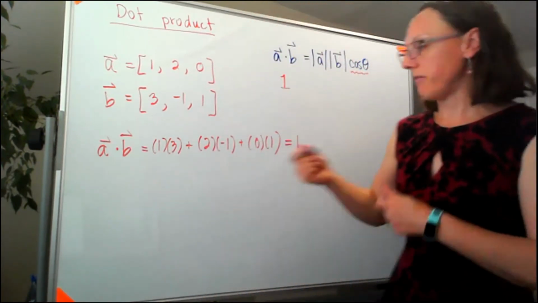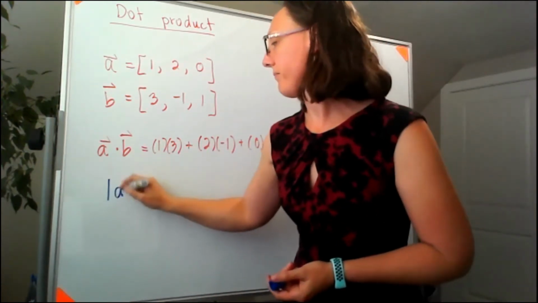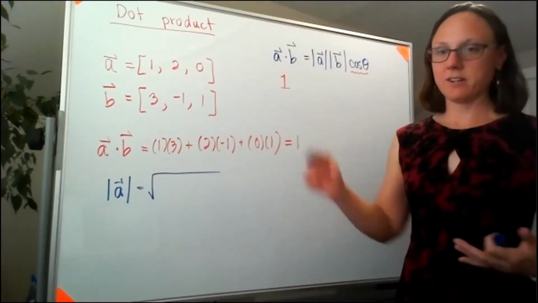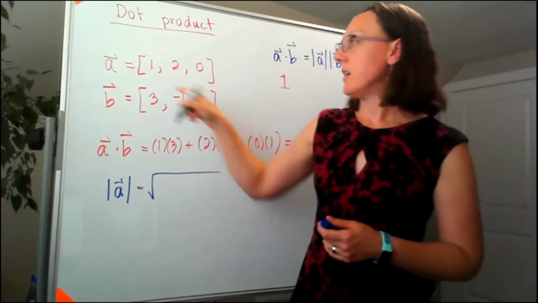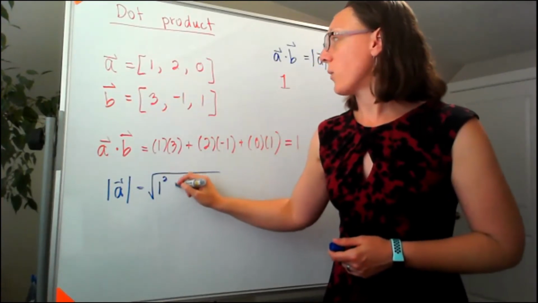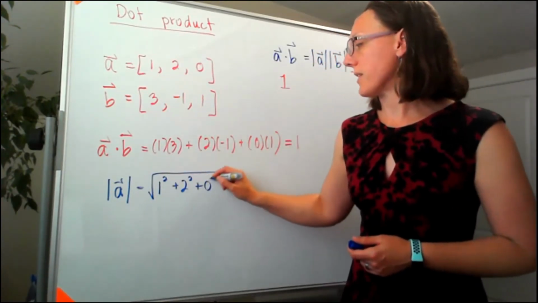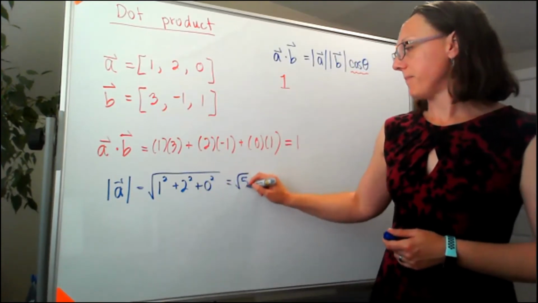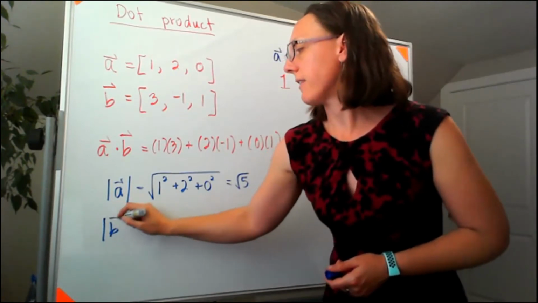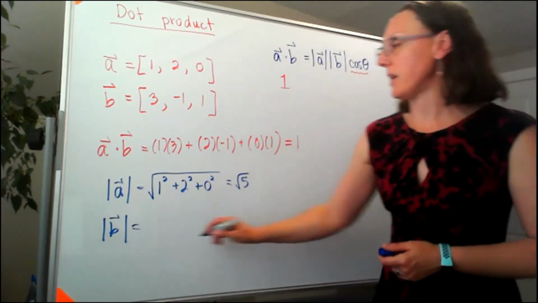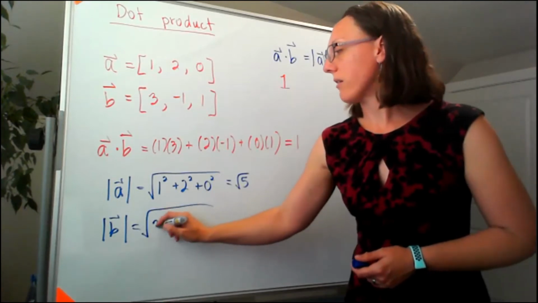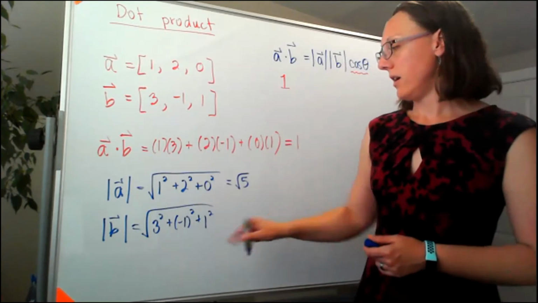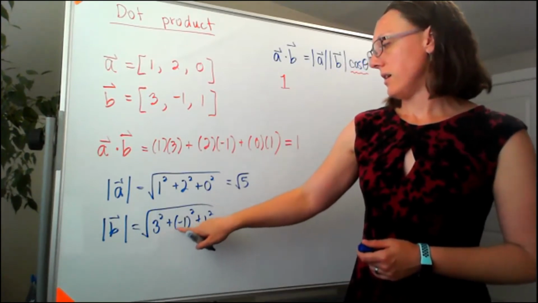The magnitude of A, or the length of A, I'm going to get by taking the square root of the squares of each of our components. So that's going to look like 1 squared plus 2 squared plus 0 squared, square root of 5. And the magnitude of B is going to be the square root of 3 squared plus -1 squared plus 1 squared, 9, 10, 11.